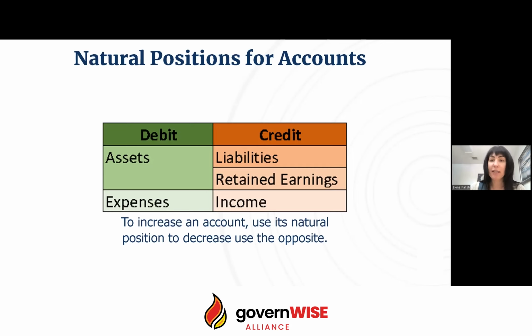On the other hand, if money is coming in, say I received funding from the government in a First Nation, so we want to record income, funding coming in. Income's natural position is credit. So we would credit income, say my funding is $20,000. And then what happened on the other side? Well, maybe money came in straight into my bank account.